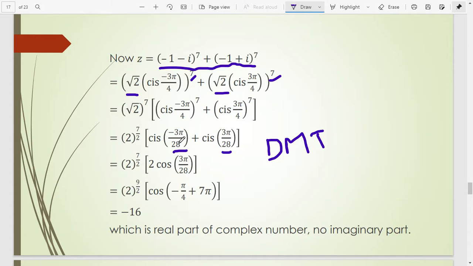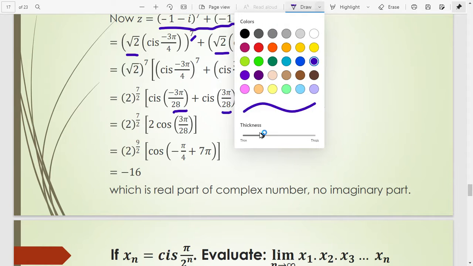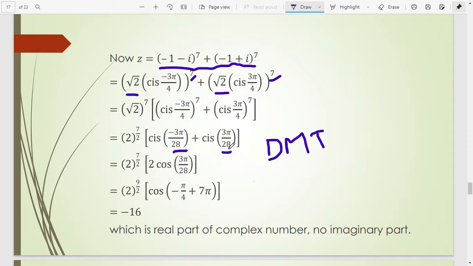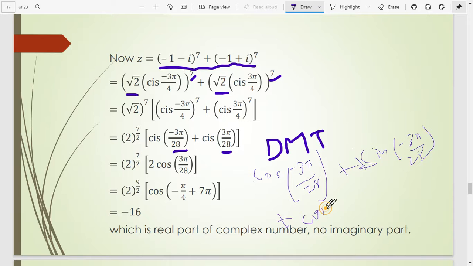So simplifying this we get cos minus 3 pi by 28 plus iota sin minus 3 pi by 28 plus cos 3 pi upon 28 plus iota sin 3 pi upon 28.